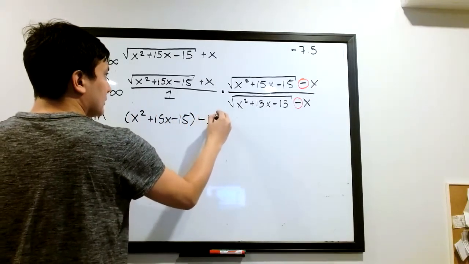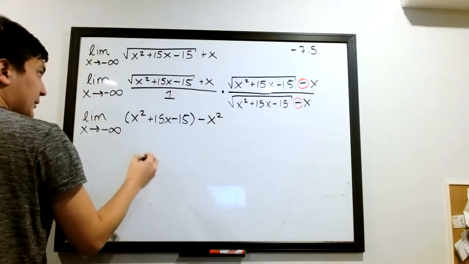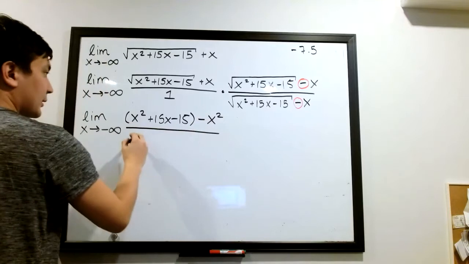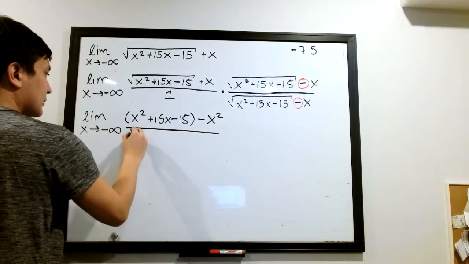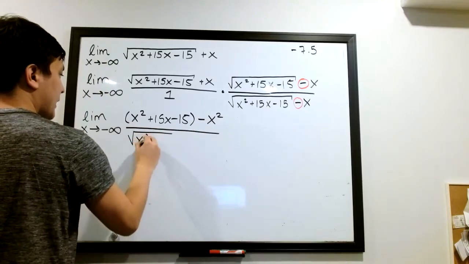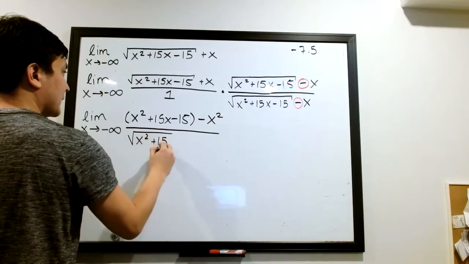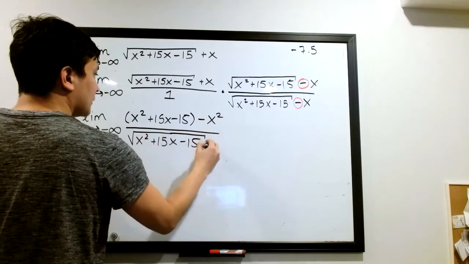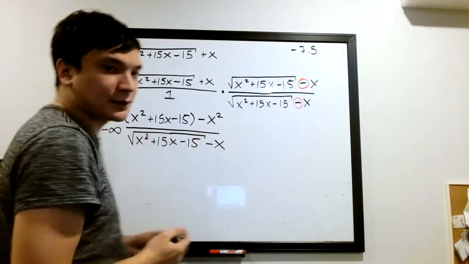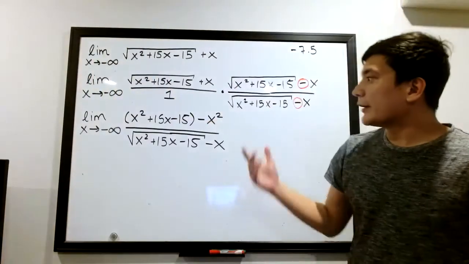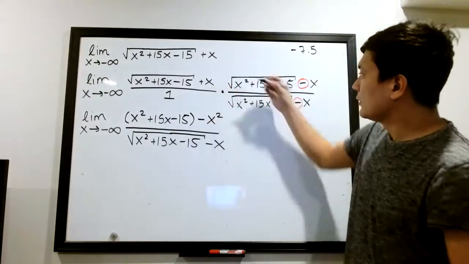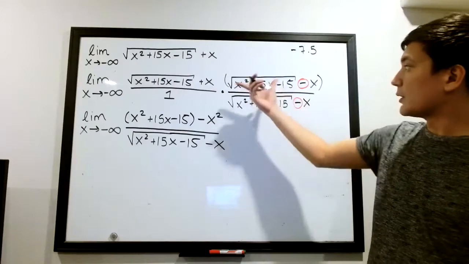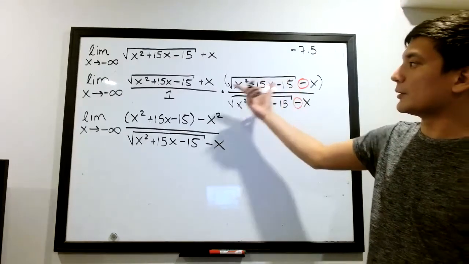minus x squared. All of this is going to be divided by the square root of x squared plus 15x minus 15 minus x. All I did was take the top expression and multiply it with this.